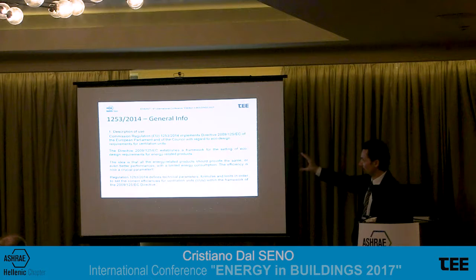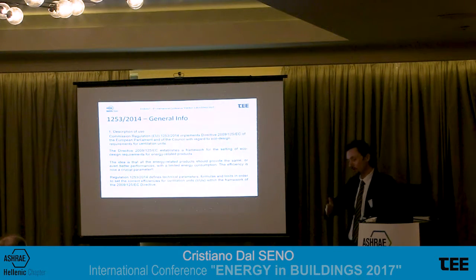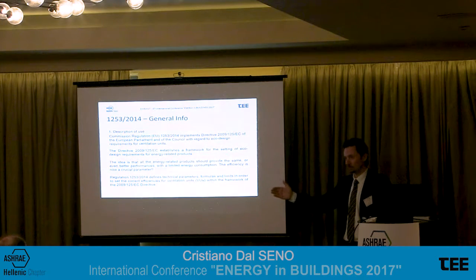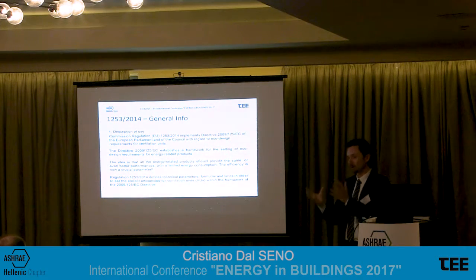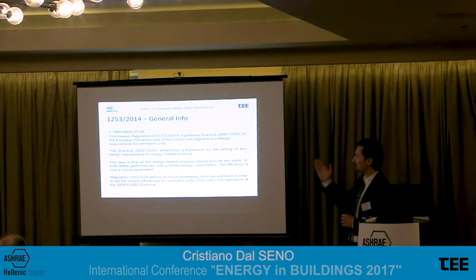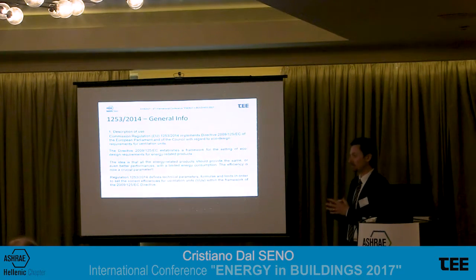Then, in the general framework of this directive, the European Community gave different regulations, each one controlling the design of each single project. In this case we are discussing air handling units, but there are ERP eco-design regulations dedicated also to other different products.